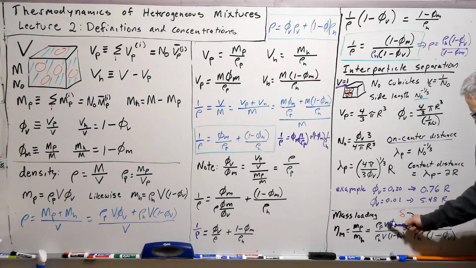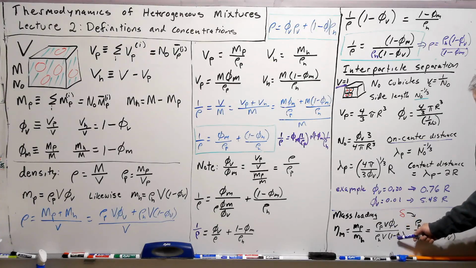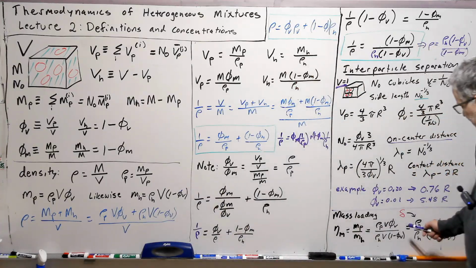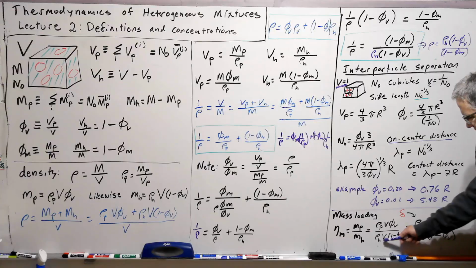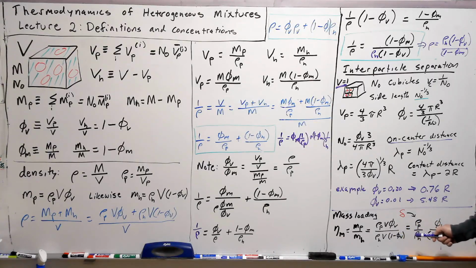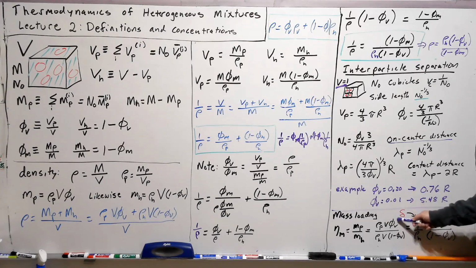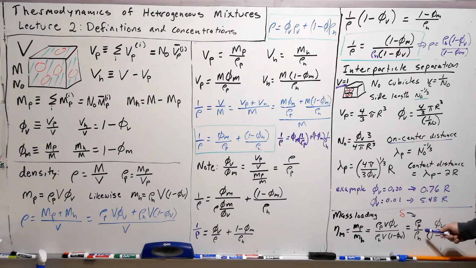We can express that in terms of the density, volume, and percent. So that's coming from over here, just using those formulas. We get this ratio of densities. That comes up fairly often, although we're not going to use it in this course. But in the field it comes up, and that's sometimes given the symbol delta. And then we have this ratio here.